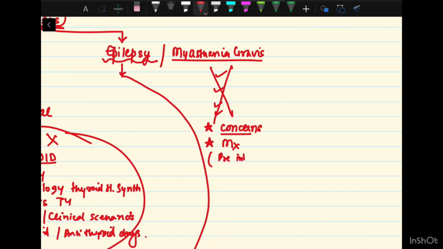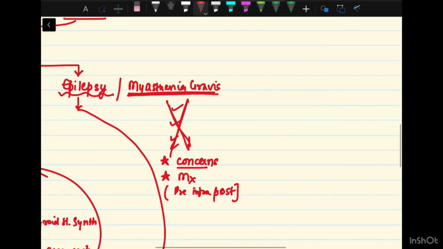And management means concerns plus pre, intra, and post-op only. So you need not remember the additional component for the cases which are not part of your practical exams. That will only waste your time. There are several such cases which are only asked in theory and not in practical.